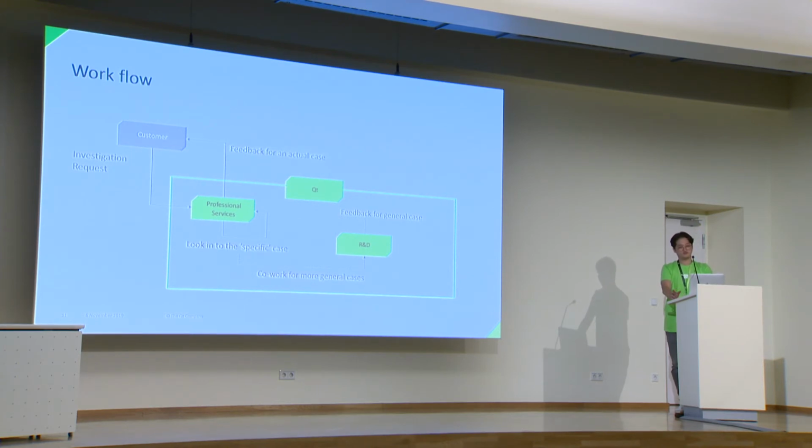And we get the problem fixed, and then we go back to the customer. So the customer will be happy because the problem is solved, and the code also can be improved with these kinds of cycles of working on actual issues.